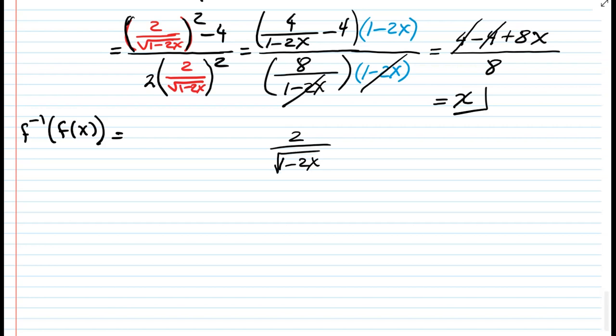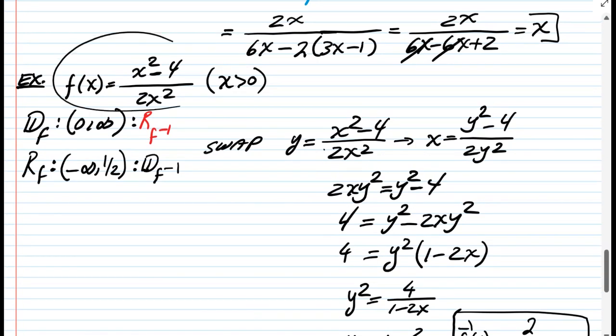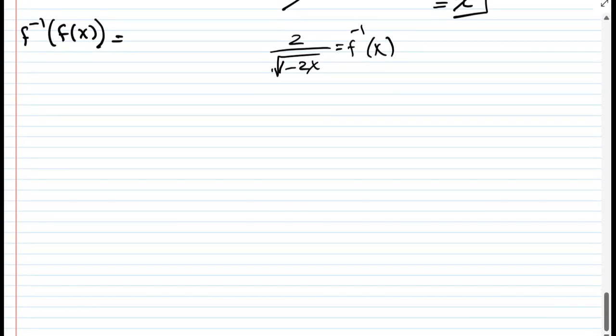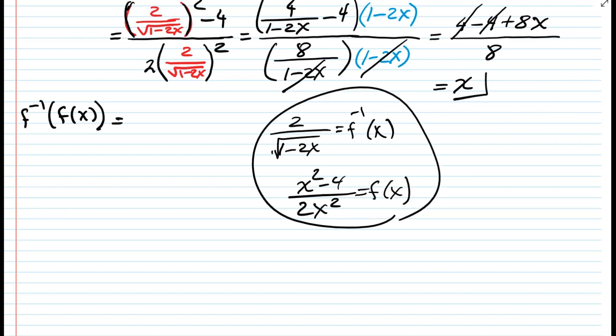This is the inverse function, right? This is where we're plugging into. What are we plugging in? We're plugging in f of x. And remember what f of x was. F of x, x squared minus 4 over 2x squared. Okay, just for now, and then I'll erase this in a moment.